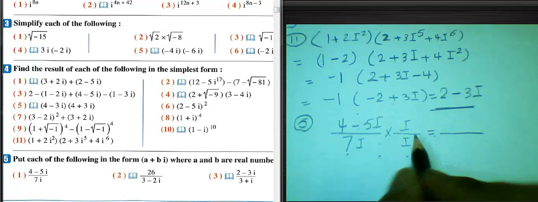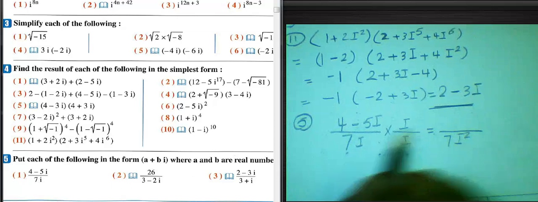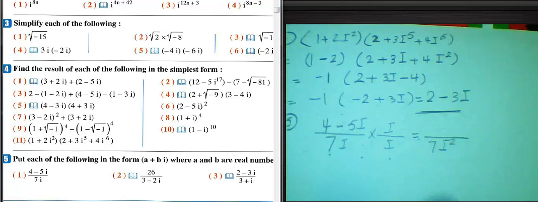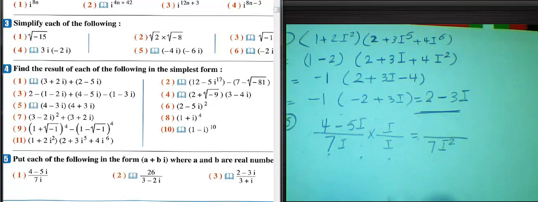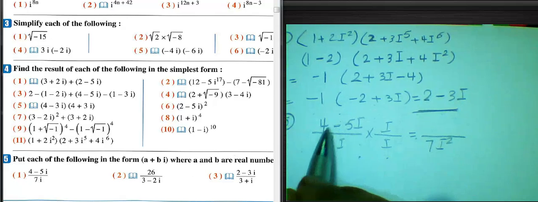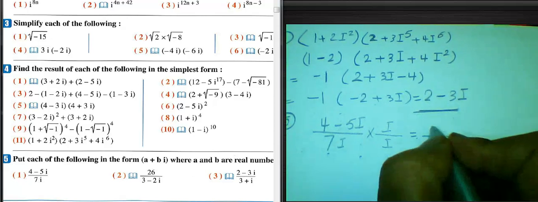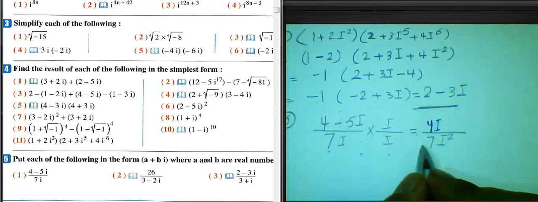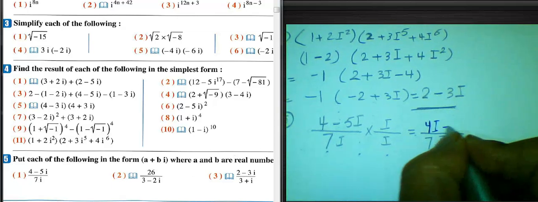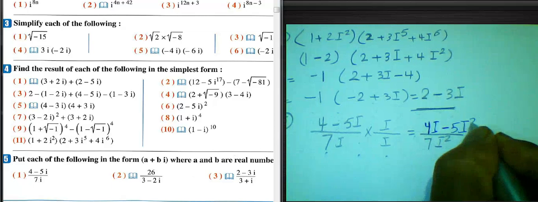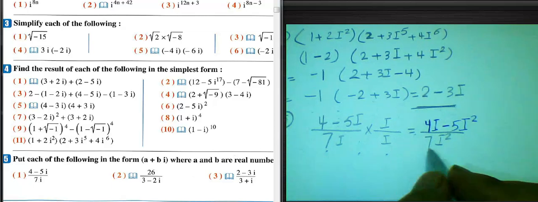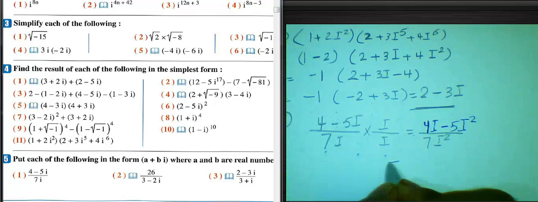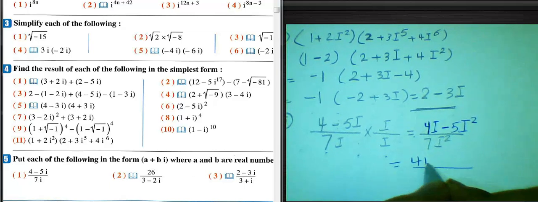7i times i equals 7i power 2, in the denominator. In the numerator, 4 times i, 4i. Is it clear? Okay, negative 5i power 2. We know i power 2 equals negative 1, so the result will be 4i.